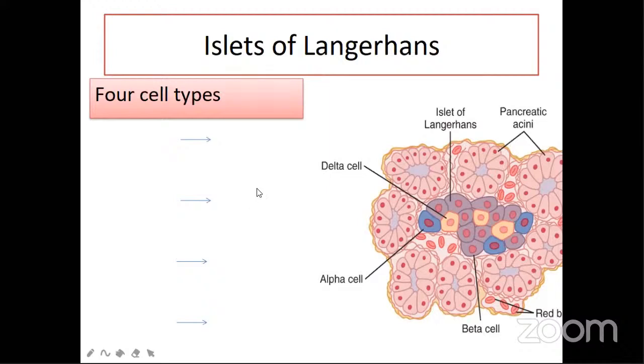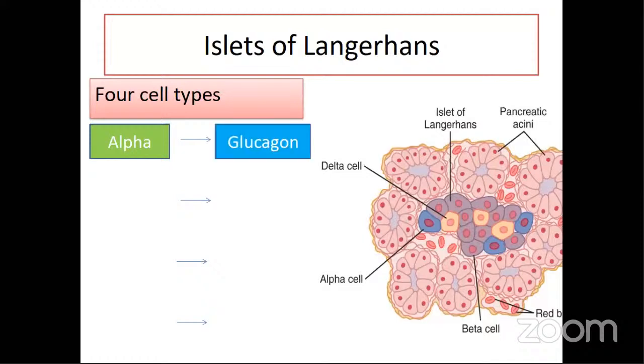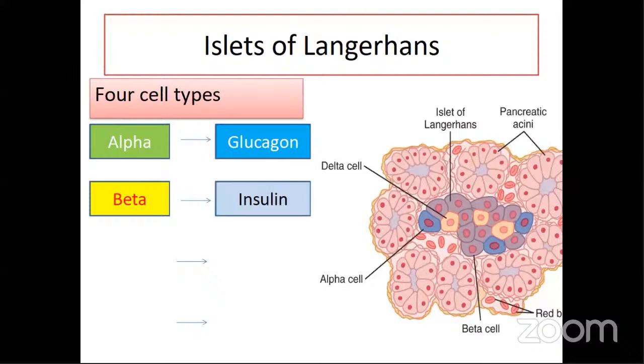Which are they? You have the alpha cells. Alpha cells constitute about 20% of the total cell population, and they secrete glucagon. Then you have the beta cells, the most important one, that constitute about 60 to 75% of the total cell population, and that secrete insulin. Understood? And you can see here, they are more seen towards the central part.